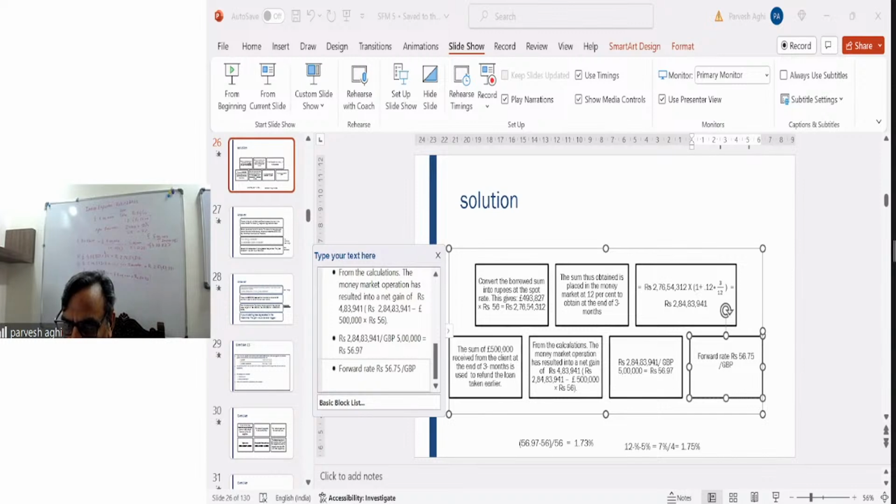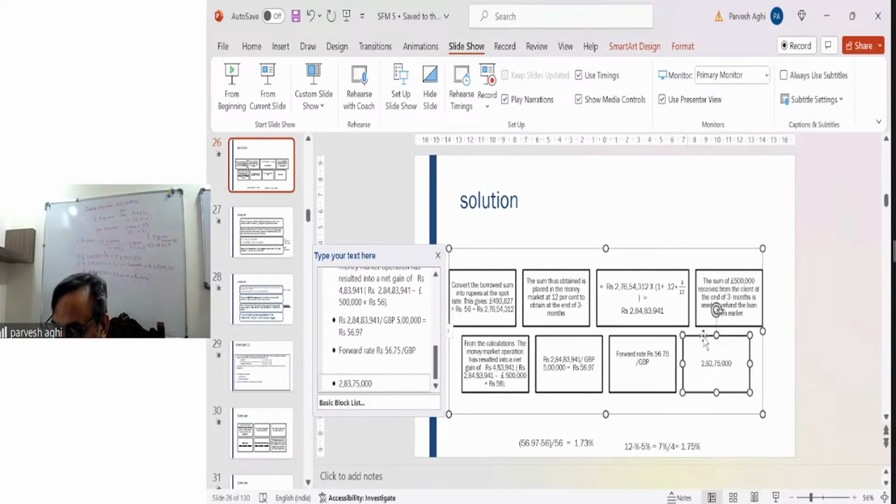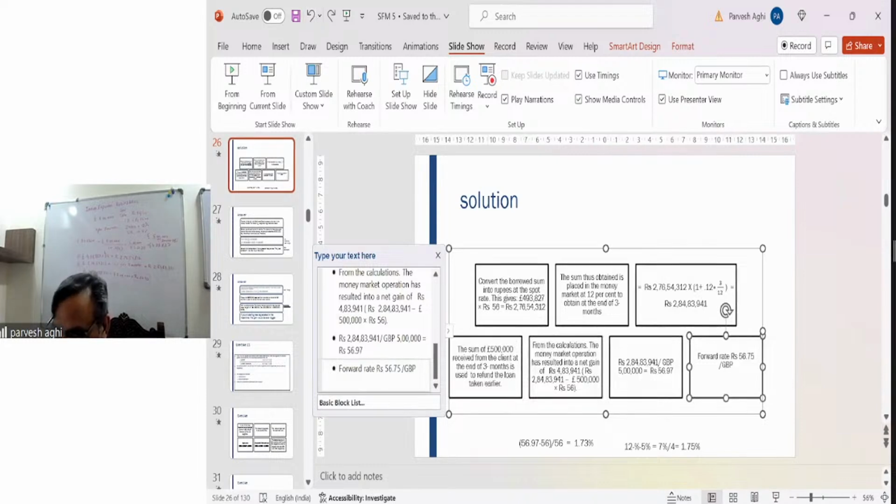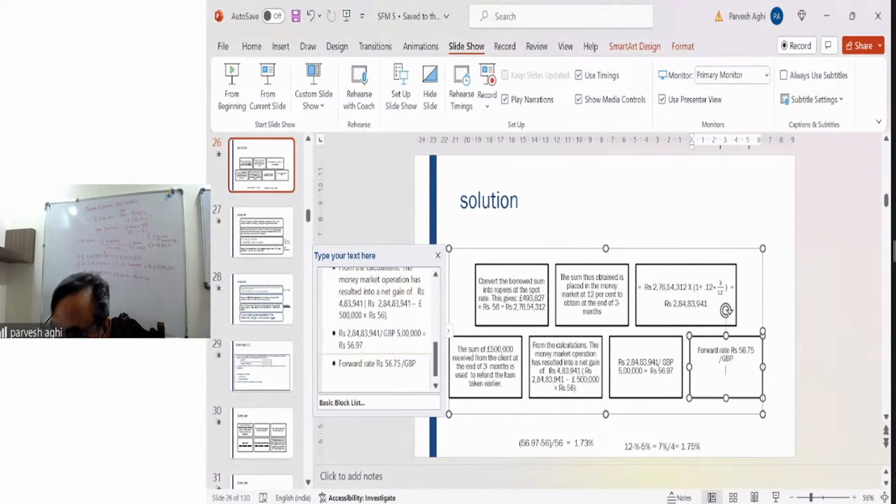You would have got 2 crore 83 lakhs 75,000 rupees. So I'm just putting the number here: rupees 2 crore 83 lakhs 75,000.